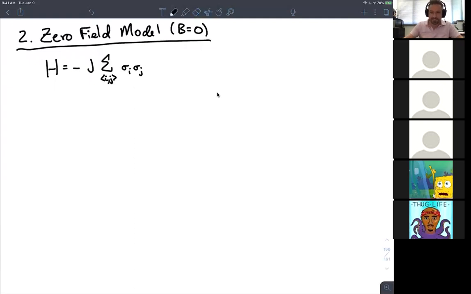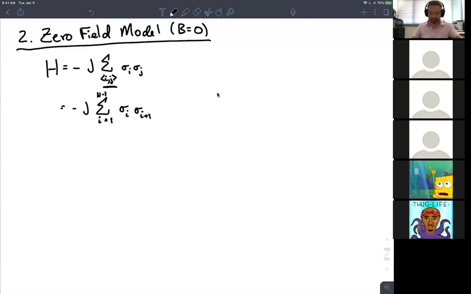This now is our Hamiltonian with zero field, so the only term we have is the spin-spin interaction term. Now I can also write this in a different way. Instead of writing this as a sum over nearest neighbors, I just sum from I equals 1 to n minus 1 of sigma I sigma I plus 1.